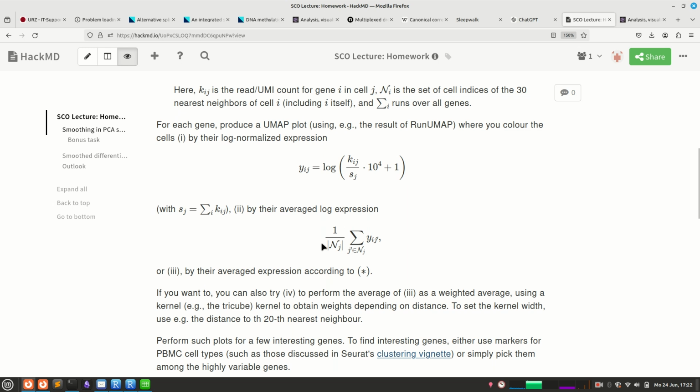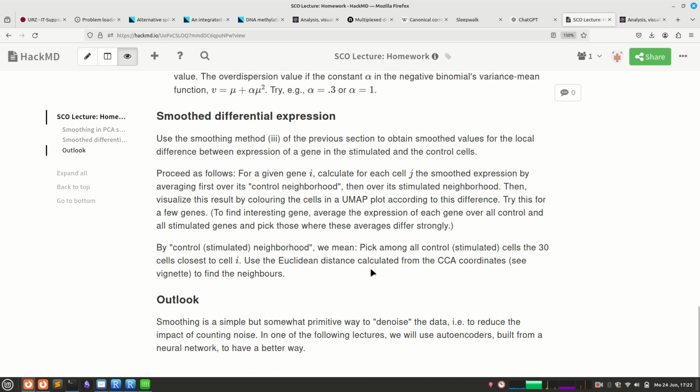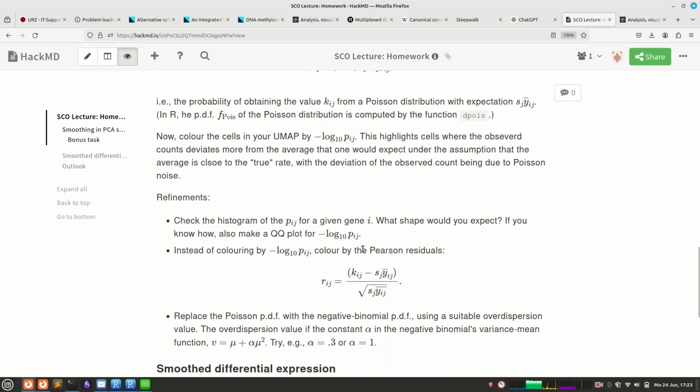And then once you have that done, of course you can go back to our differential expression problem, where instead of smoothing over the neighbors according to PCA, we smooth over the neighbors according to CCA, and do this once for the stimulated neighbors and once for the control neighbors, and then we subtract them, and then we make this plot, which we don't color by absolute expression, but by the expression change between stimulated and control. And then we get this.